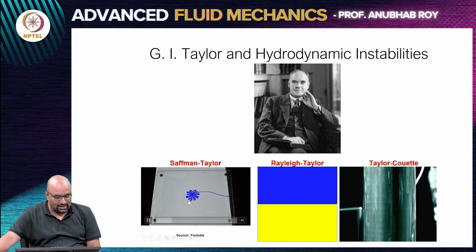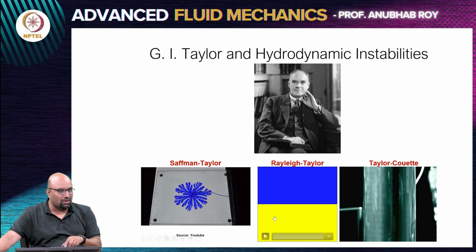As you can see here, it doesn't spread out in a nice axisymmetric manner. It starts forming these kinds of fingers. So you will have these fingers which start to form as you are displacing a more viscous fluid by a less viscous fluid. That interface becomes unstable, and this is known as the Saffman-Taylor instability.